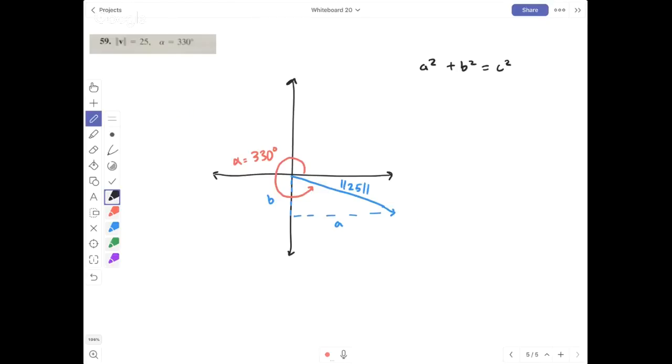I know again that this is half of an equilateral triangle because it's a 30, 60, 90. And since it's half of an equilateral triangle, that means side B has to be half of this hypotenuse 25. So I'm going to write that offhand, I know that B equals 25 over 2.